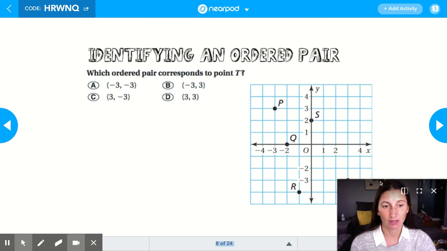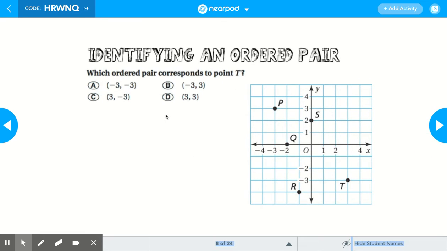Now, if we look here, we want to find out which ordered pair corresponds to the point T. So we need to first find T on our coordinate plane. You see there are numbers blocked out, but we should be able to count to find that number. So this should be 3. If we remember that we have to go across first, we would go across 1, 2, 3.